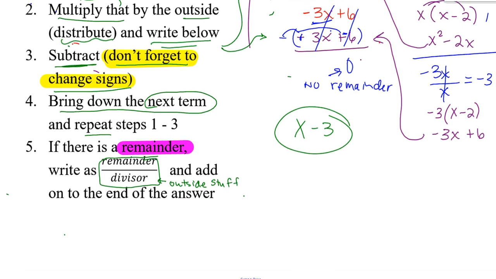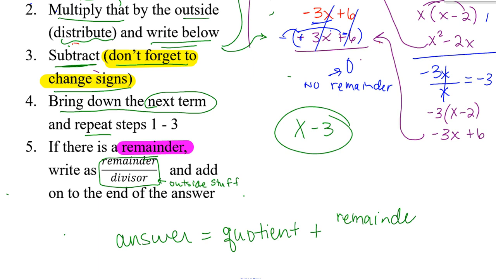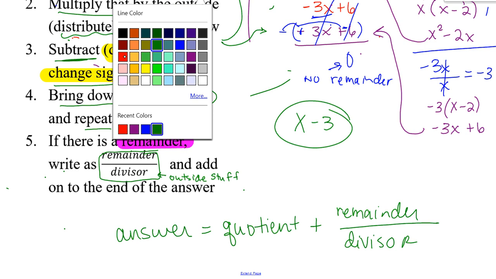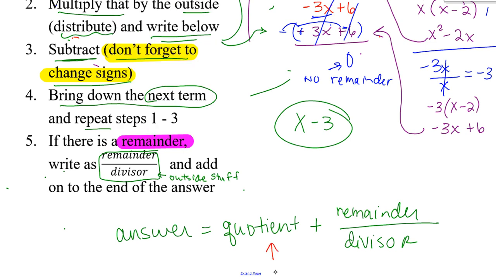So again, the answer will be the quotient plus whatever the remainder is divided by the divisor. And you can remember this by that's the stuff on top. This is the stuff outside.